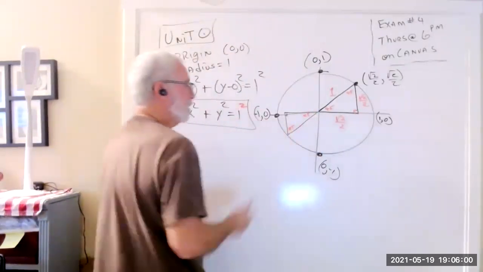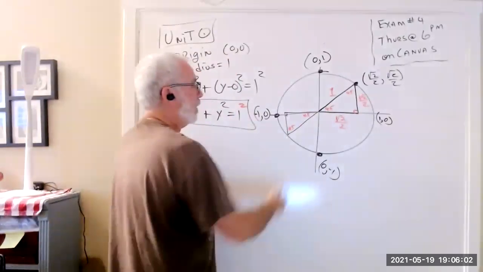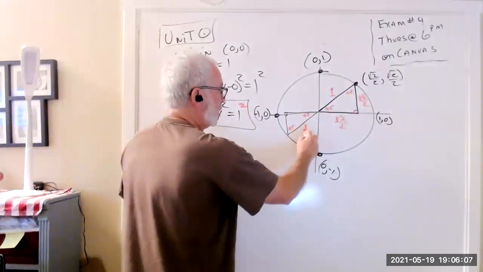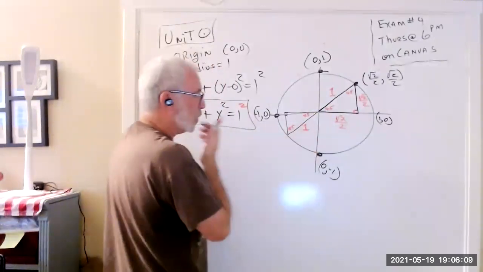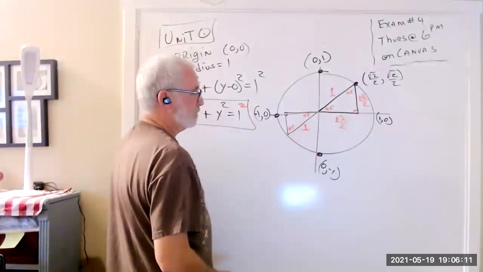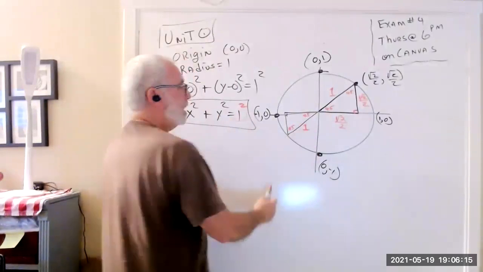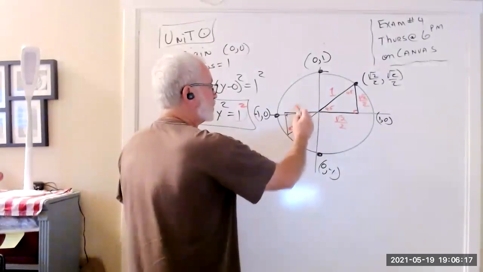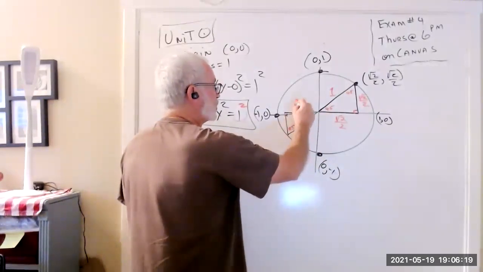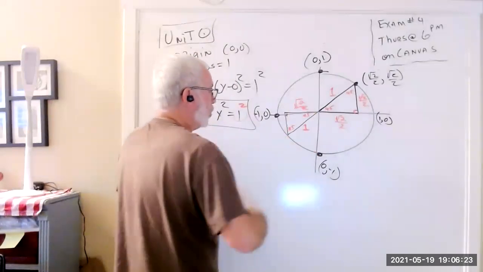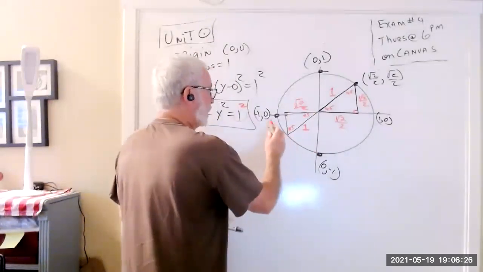Yep, I know you can't read, my pen's kind of fat. Well, as long as it's 45, 45, 90, we know that the hypotenuse is 1, okay, because it's a unit circle, the radius is 1. But we know that the side of this is the square root of 2 over 2, but its coordinate, well, okay, I'm going to write it this way.